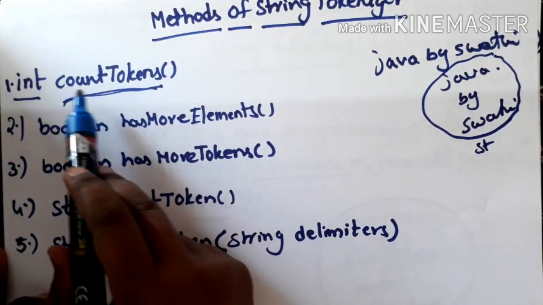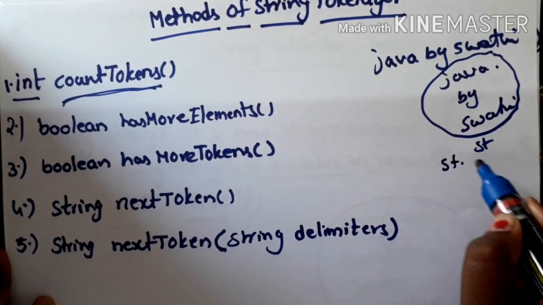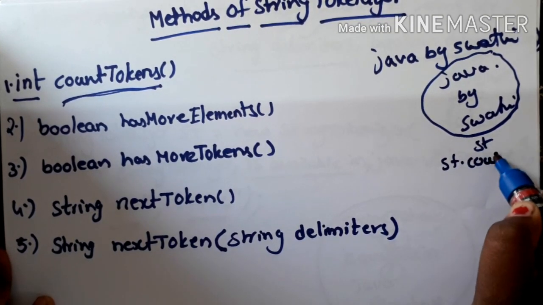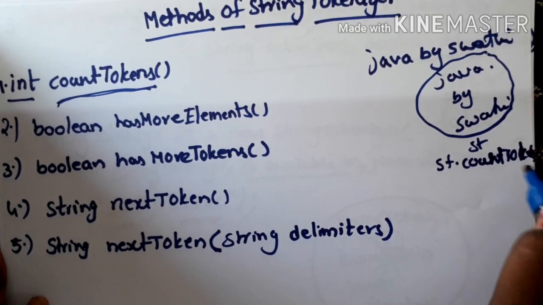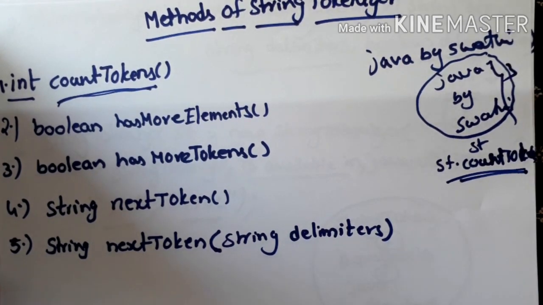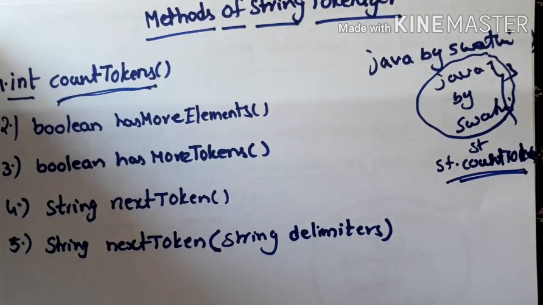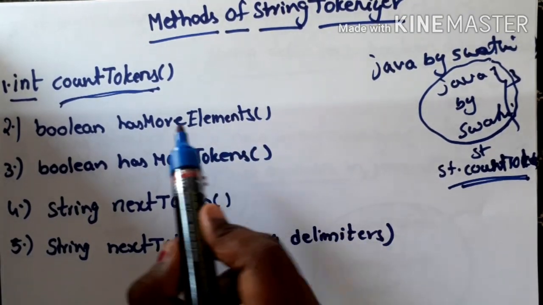If I apply this countTokens method on this object, st.countTokens, then this method will return 3. This method is used to count the number of tokens in the StringTokenizer object. What is the next method?